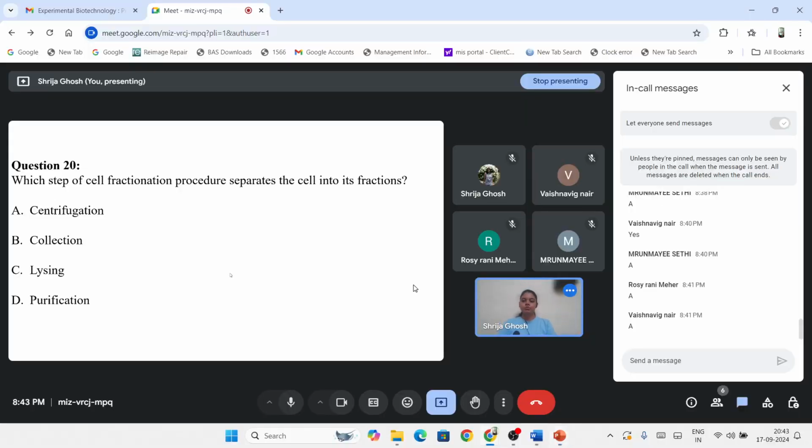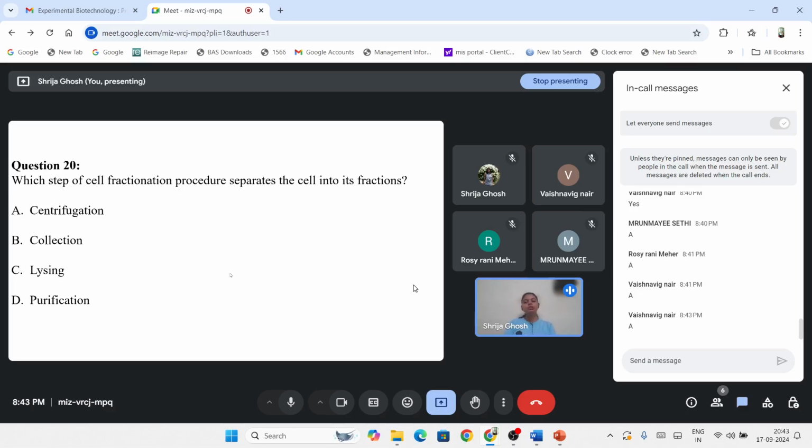Moving on to the next question now. Which step of cell fractionation procedure separates the cell into its fractions? Option A, centrifugation, option B, collection, option C, lysing, and option D, purification.